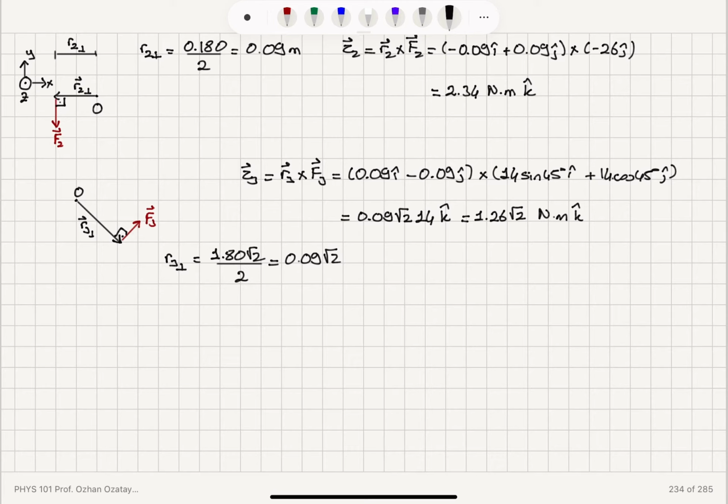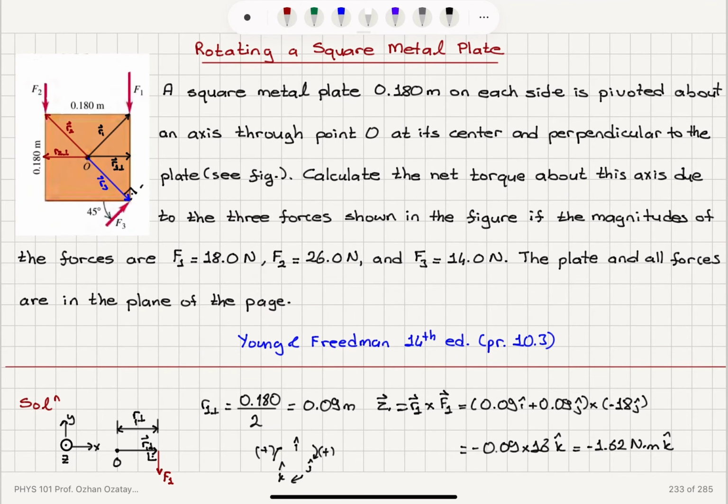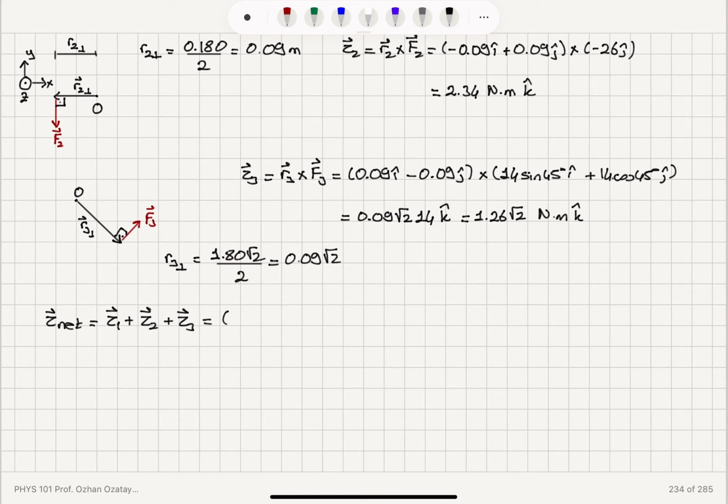Now we can calculate the net torque acting on this square. The net torque will be torque due to the first force plus torque due to the second force plus torque due to the third force. And this will be equal to, the first force had a torque minus 1.62. So minus 1.62. The second force 2.34.